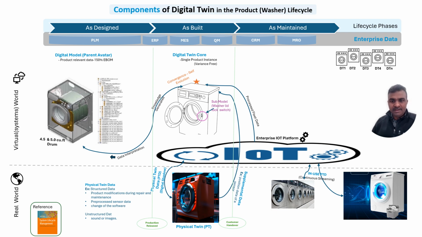For example, I'll take the washer lid lock switch. Its trust level varies based on the humans. How I am closing the door, how my son closes the door, or how my daughter closes the door, it varies because as humans, we tend to close faster or tend to close gently. If somebody is slamming the door, of course that's getting damaged in a minute or so, based on the usage.